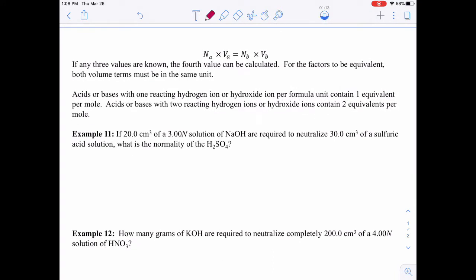If we know 3 of the 4, we can always solve for the 4th. We want to make sure our volumes are in the same unit on the left and the right.